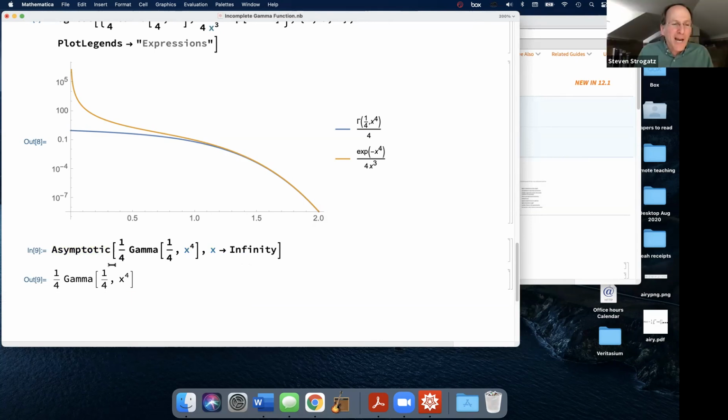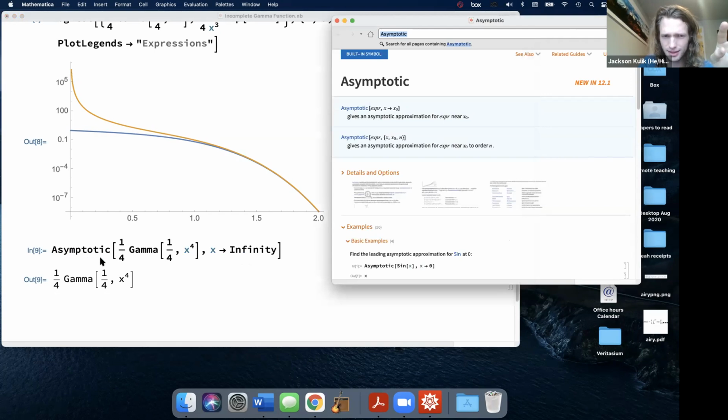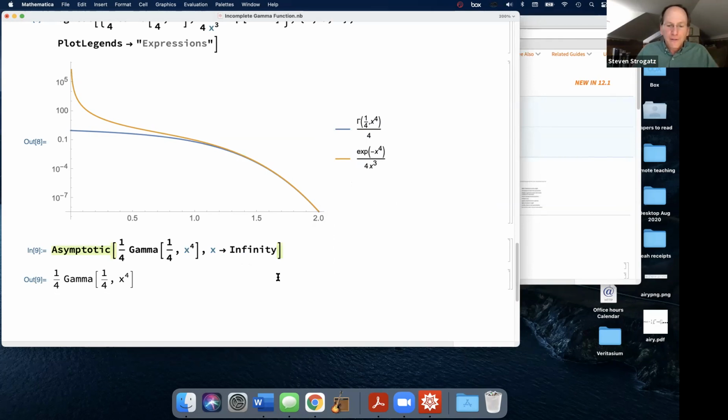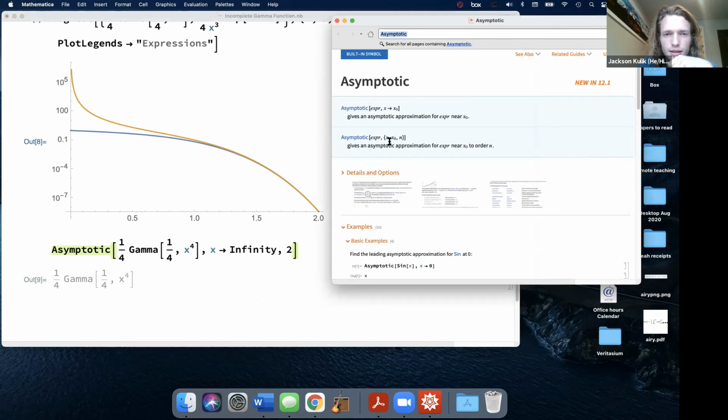What do you mean? I'm supposed to say asymptotic series? So see how in the help menu there were like two different function calls? Yes. The second form looks like, I see. I could ask it to give me two terms. Like this. Wait, did I need to put some brackets on there? Yeah, x, x0, and there we go.